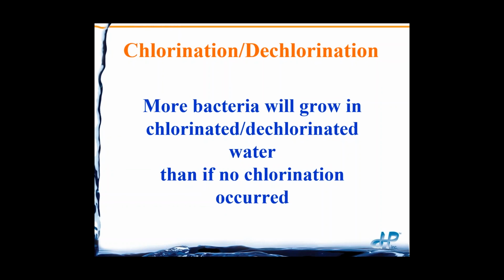I've learned over the last 27 years that chlorination and dechlorination is one of the biggest problems in membrane water treatment, mainly for NF and RO membranes. Chlorination and dechlorination creates food for bacteria that weren't there, and as soon as you dechlorinate a chlorinated stream, the bacterial growth can be astronomical.